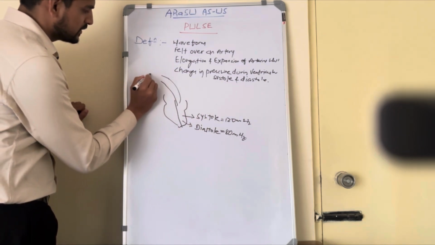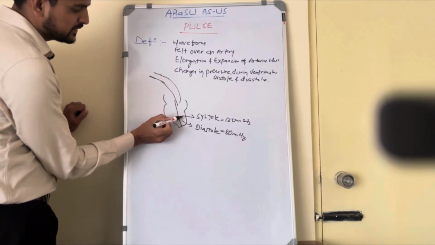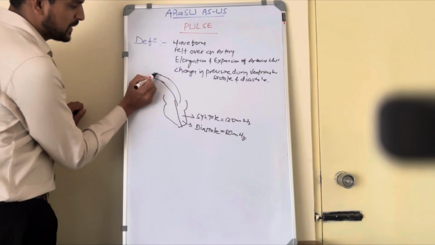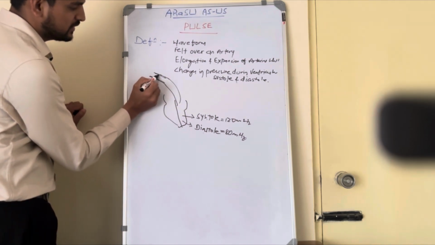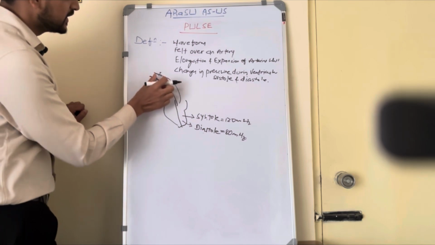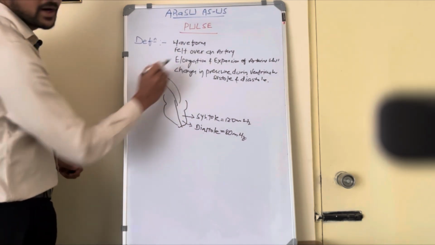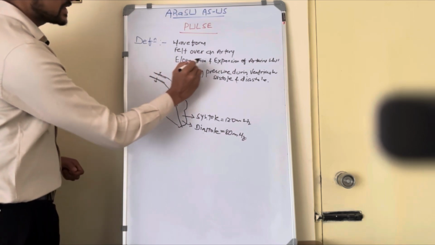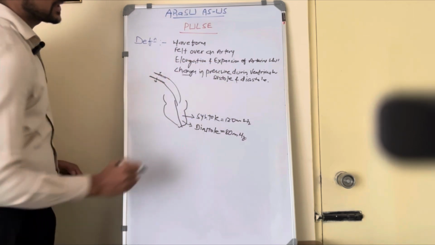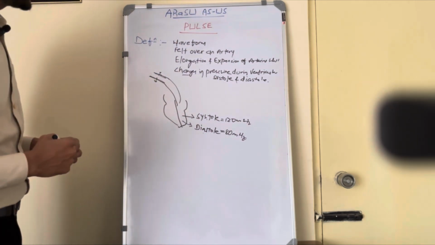Whatever we perceive is because of these changes in ventricular pressure during systole and diastole, which cause expansion and elongation of the artery. So this is the definition we have to understand.